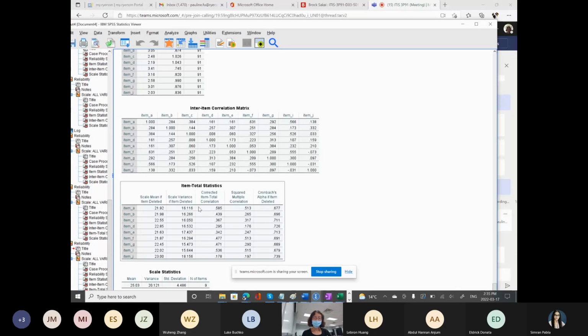Okay, so this time the lowest number for the corrected correlation is 0.178.